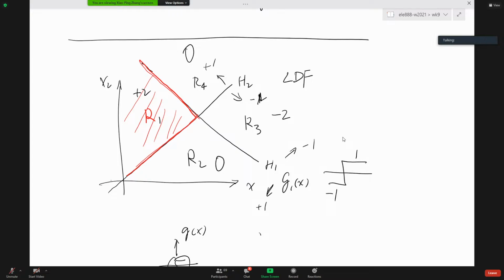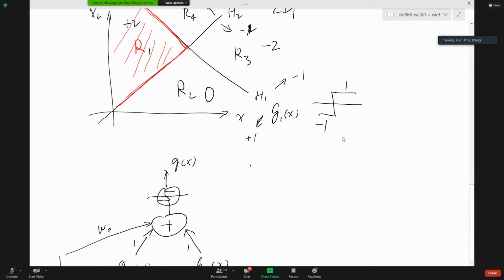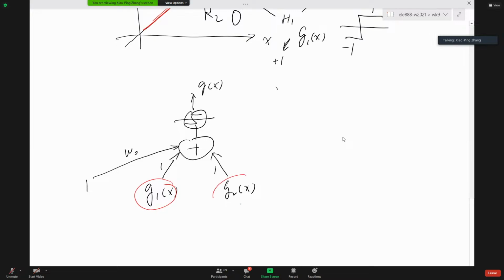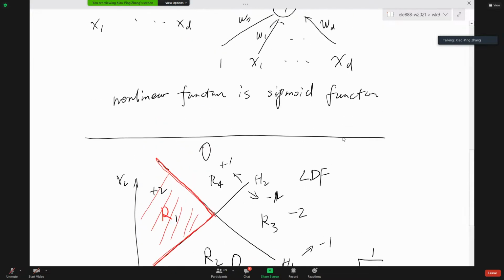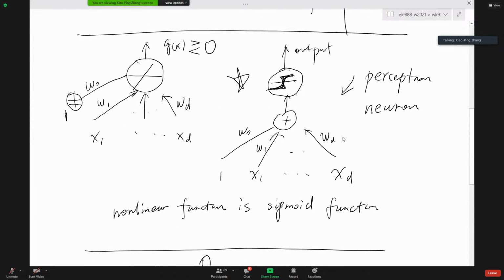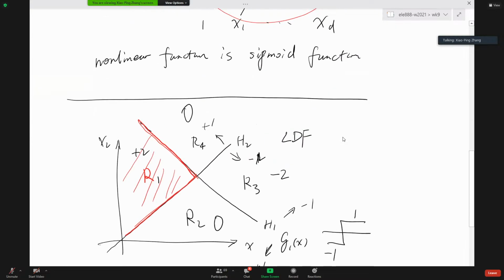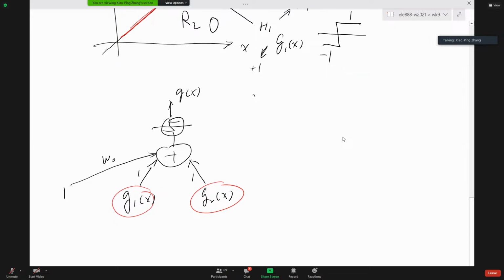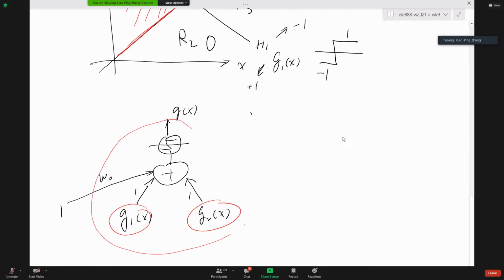Does that make sense? Basically, G1 and G2 are each a neuron, a perceptron like this. Each of them is like this, and then we use their outputs as the input for another neuron like this.